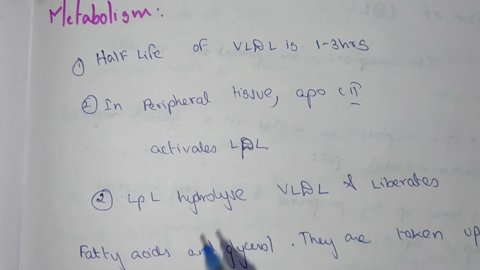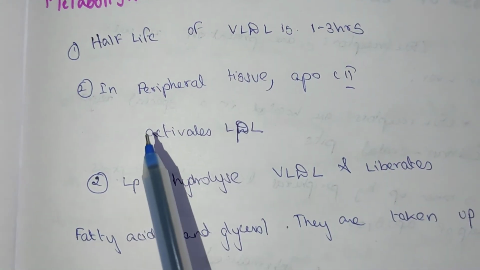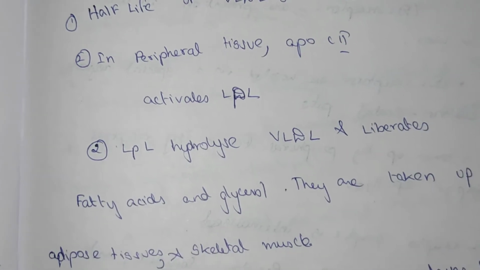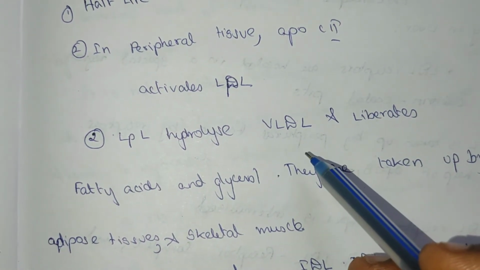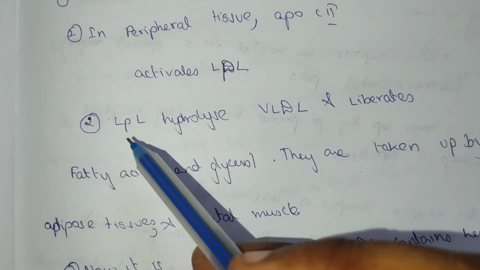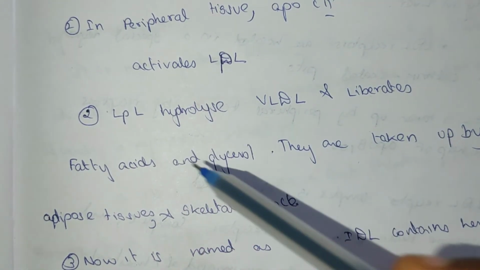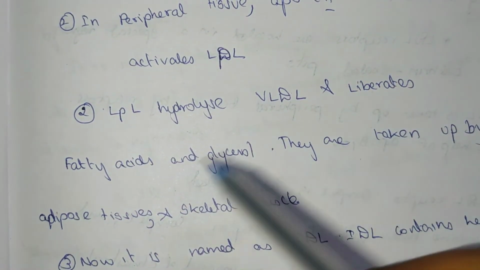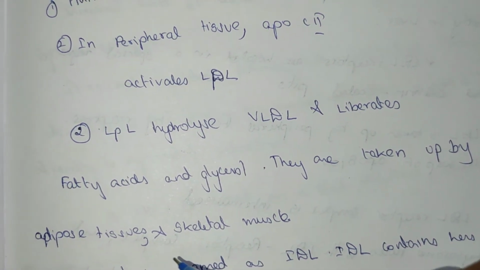The metabolism. The half-life of very low density lipoprotein is 1 to 3 hours. In peripheral tissue, ApoC2 activates the lipoprotein lipase. The lipoprotein lipase hydrolyzes the very low density lipoprotein and liberates the fatty acid and glycerol, and they are taken up by the adipose tissue and skeletal muscle.